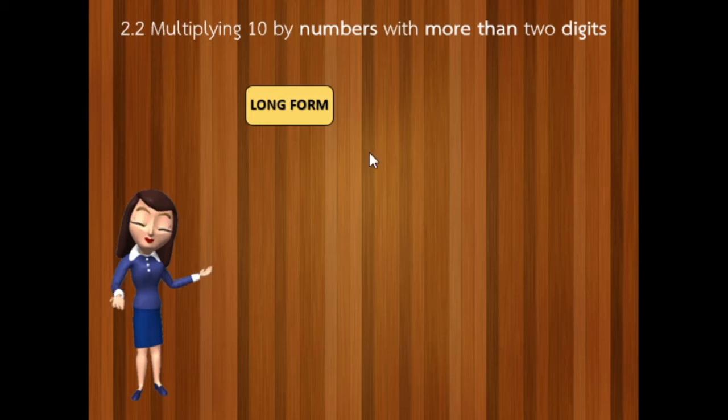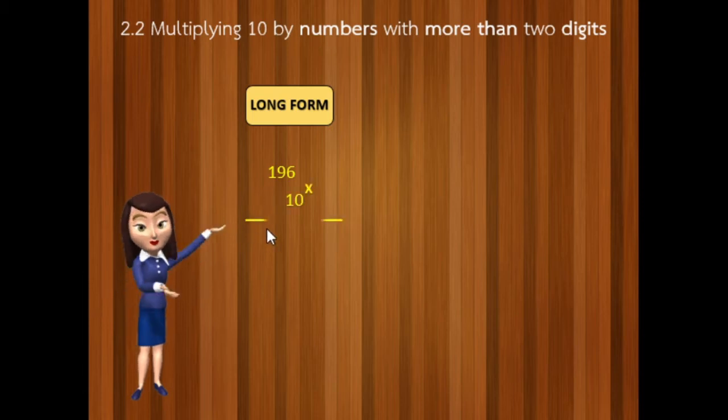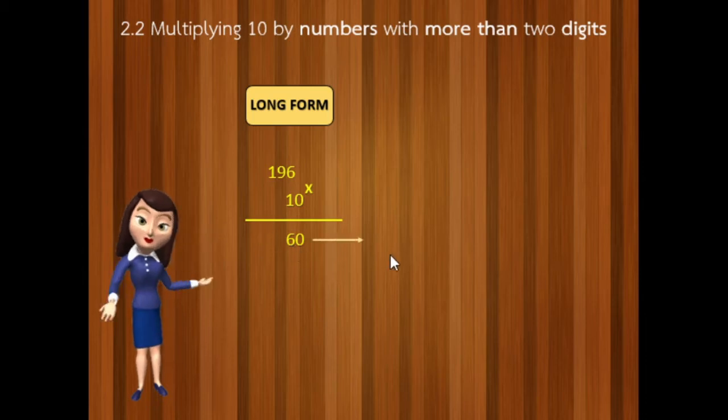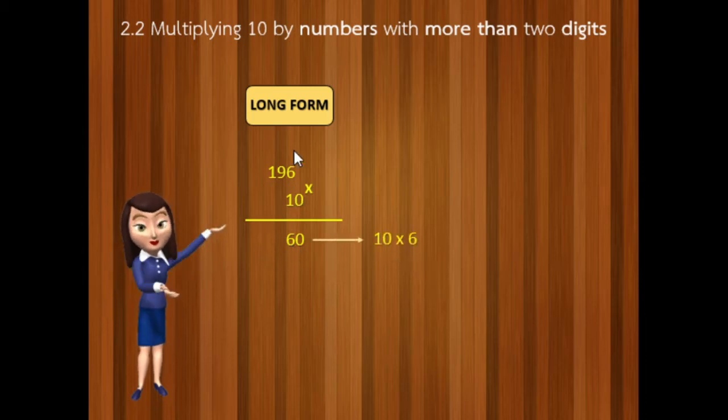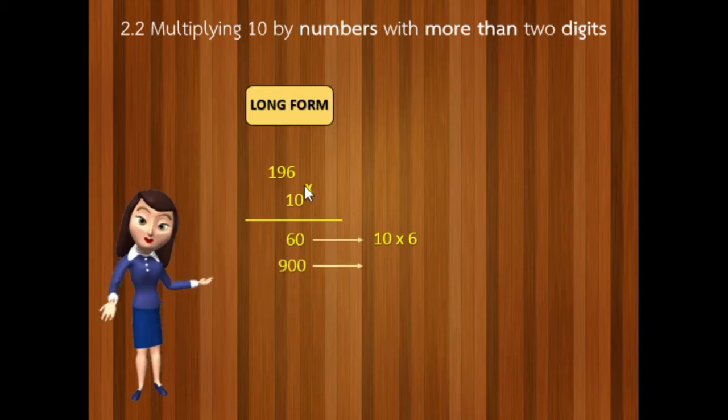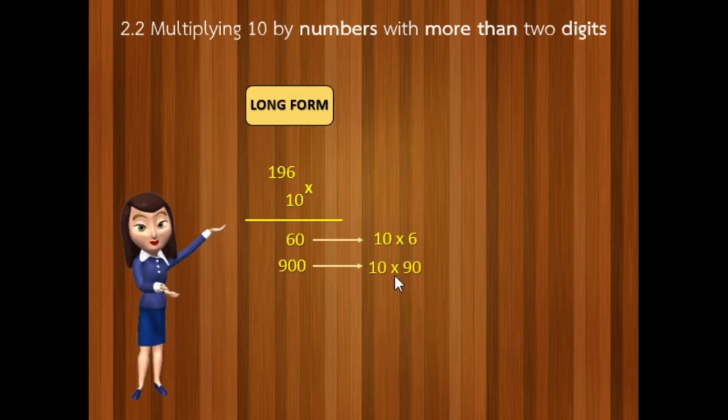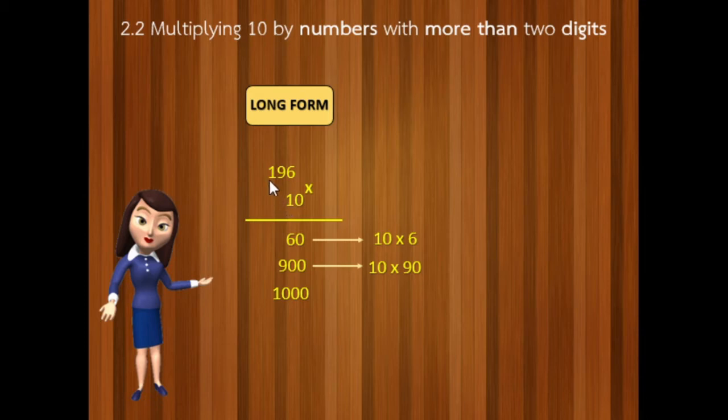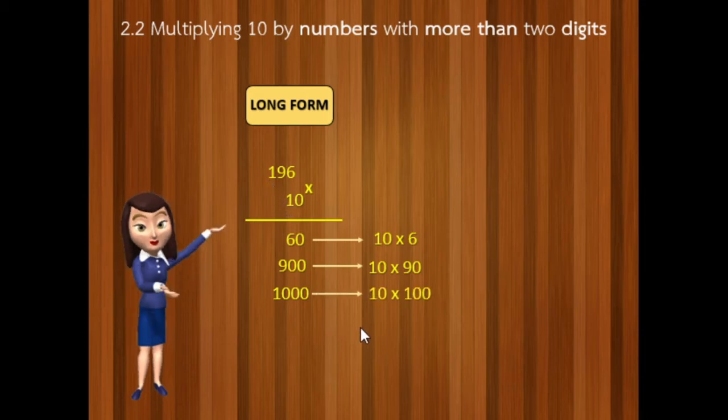Another one. We can do long form instead. 196 times 10. 60 is 10 times 6. 900 is 10 times 90. 1,000 is 10 times 100.